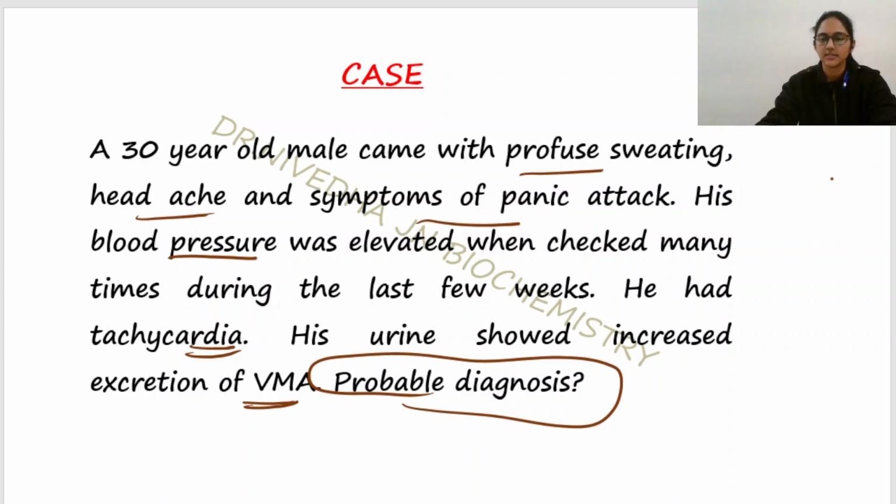Yes, any others? What is the probable diagnosis? Yes, any others who could find out the diagnosis?